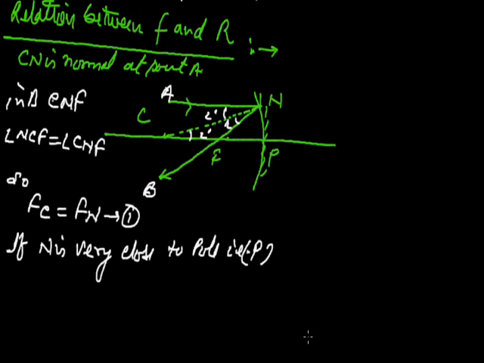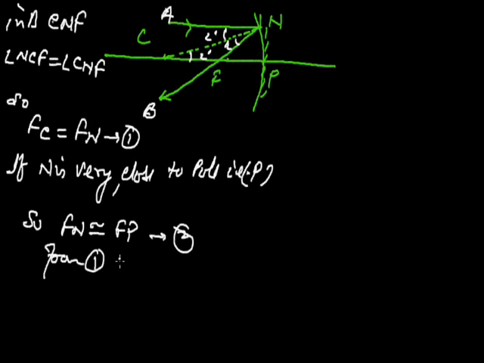So P is very close to N. It means the distance of F from N and P must be the same. So FN is approximately equal to FP. Hence, from first and second, FC equals FN equals FP, all are equal to F.